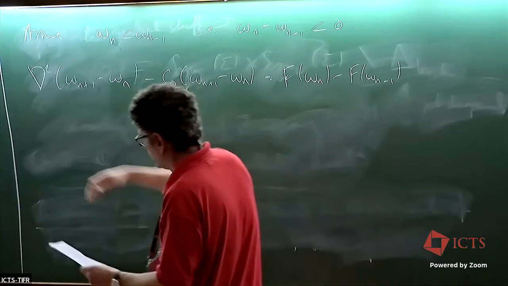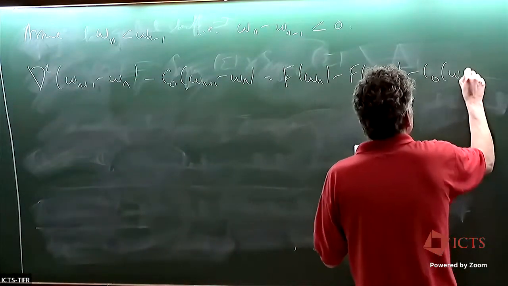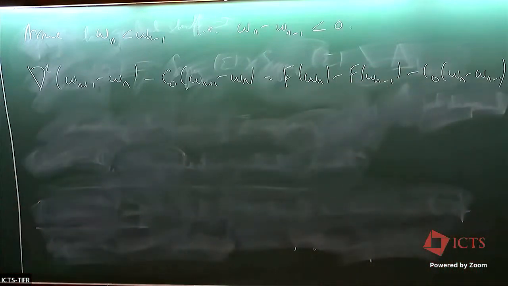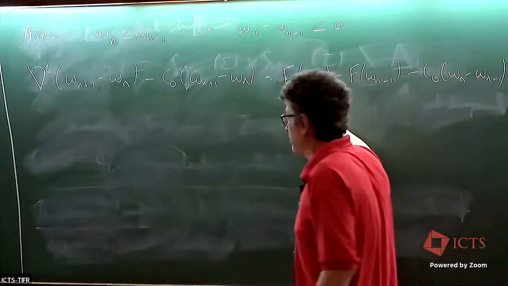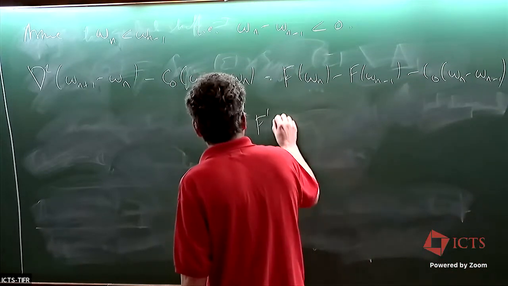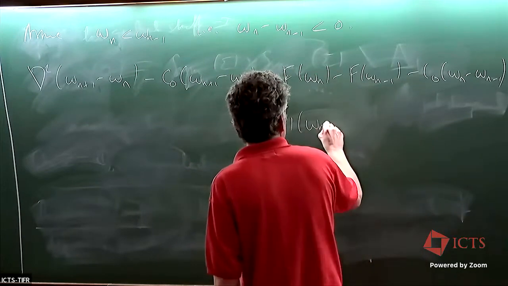The delta function sources all just kill one another, minus C0 W n minus 1. Okay, now by the mean value theorem, so I'm really throwing high powered stuff at you today. By the mean value theorem, this is equal to the derivative of f evaluated at some point S n between W n and W n minus 1 times W n minus 1.